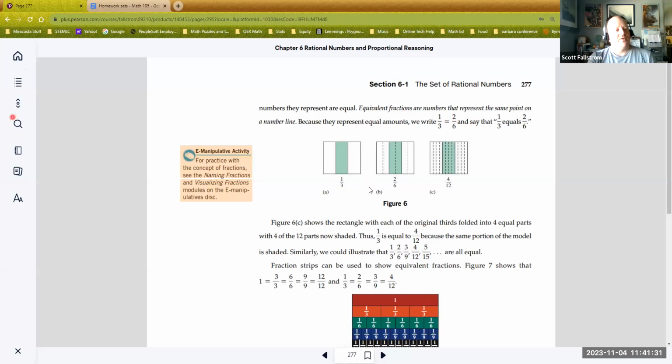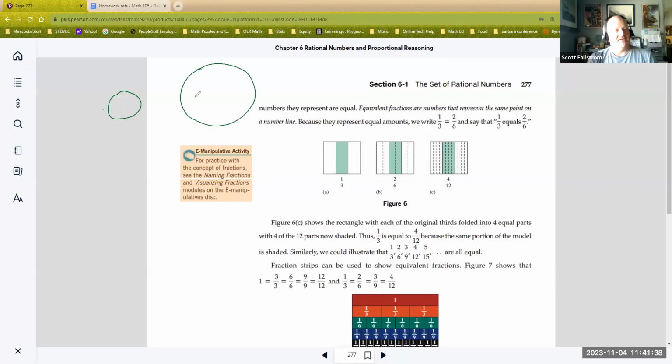And this does come up with, I guess I'll use actual pizzas, but if you had a small pizza and then somebody else had a large pizza and you came over here and you broke this into 4 pieces, right? And you broke this one into 8 pieces, it is possible that one of these pieces, 1/8, could have more pizza in it than one of these pieces, which is 1/4.